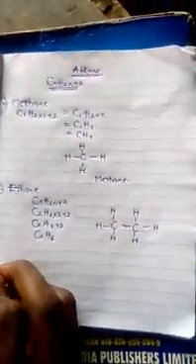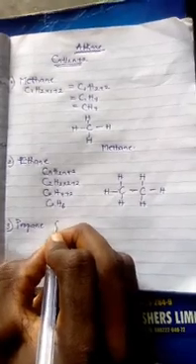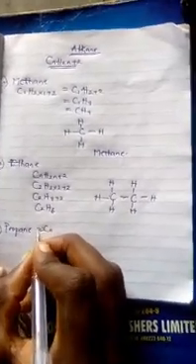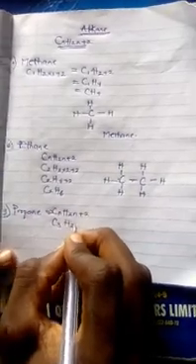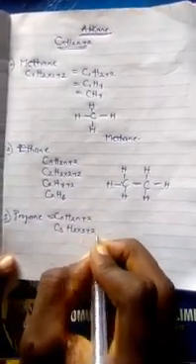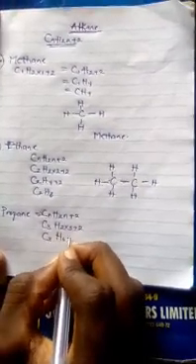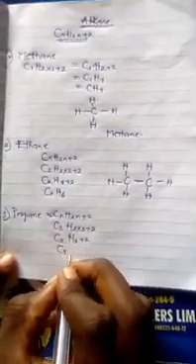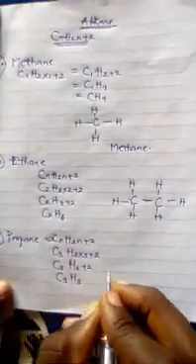Let me give you the last one, which is propane. Let's bring the formula CnH2n plus 2. How many will be here? 3. C3 H2 times 3 plus 2. 2 times 3 will give you 6, plus 2 gives you 8. So C3H8. Let me draw the structure.